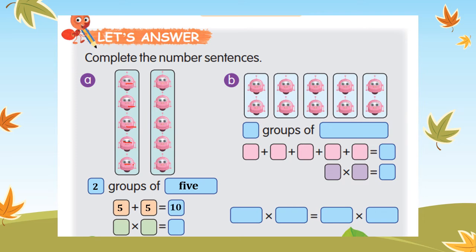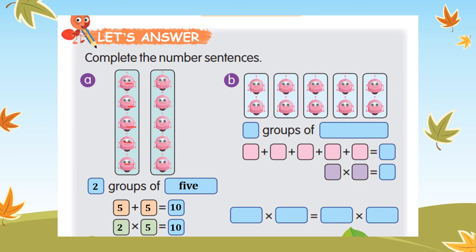Okay, now what about the multiplication sentence? Ayat matematik darabnya adalah start dengan bilangan kumpulan dulu. How many groups? 2 groups. So the multiplication sentence is 2 times 5 is equal to 10.